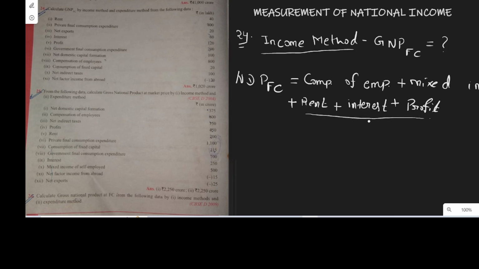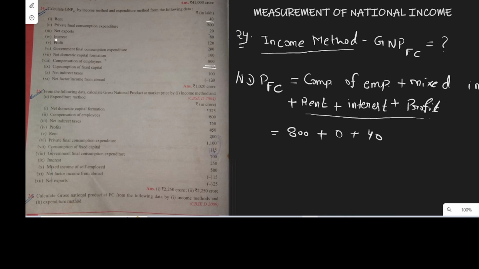That's all. Whatever else is given, I don't have to use, because in the formula, whatever things are required have been used. Okay, now I just need to put the values. Compensation of employees is given here as 800. Mixed income is not given, so I'll write 0 in place of that. Then rent is given as 40 here.